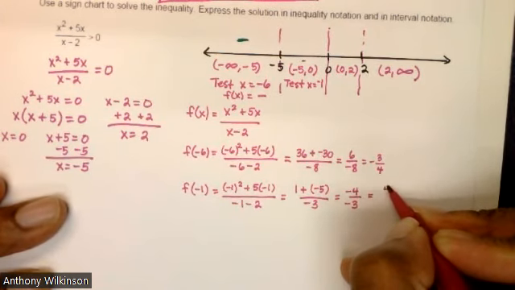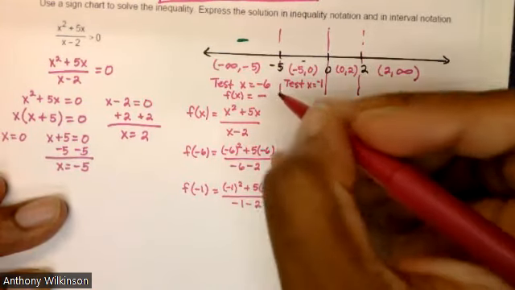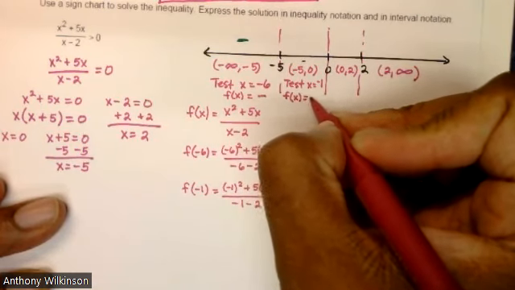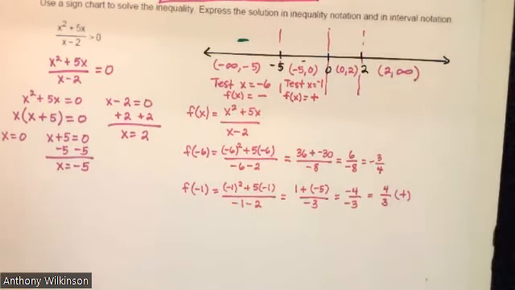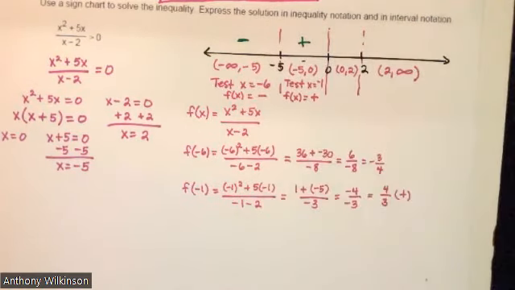And that equals just a +4/3, but that's going to end up being positive anyway. So f of x would be positive on this interval. So from -5 to 0, I would get positive values for that function f of x.